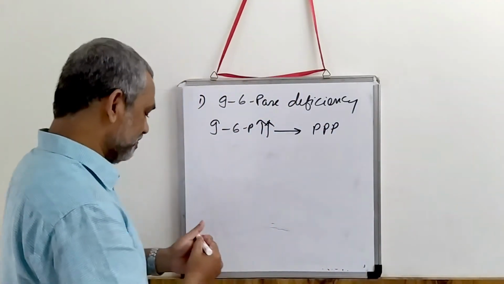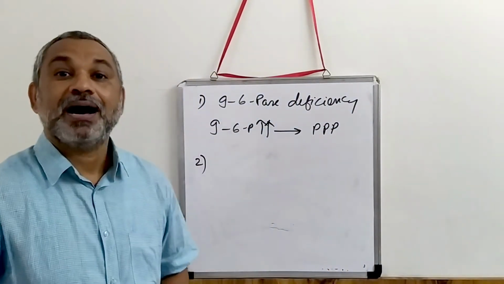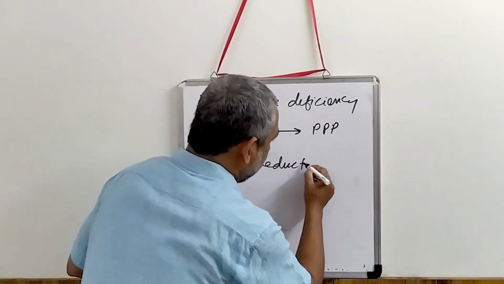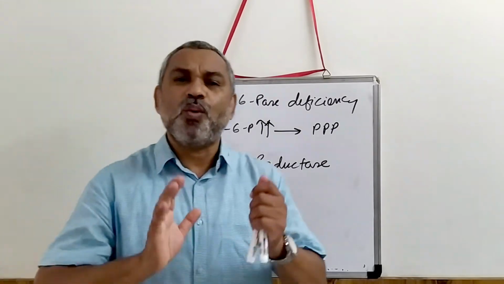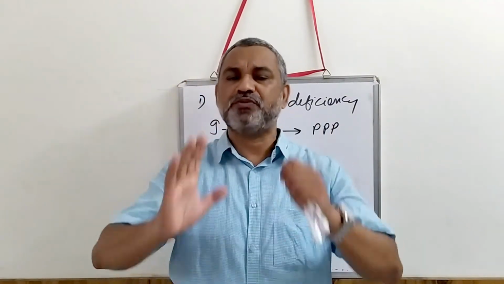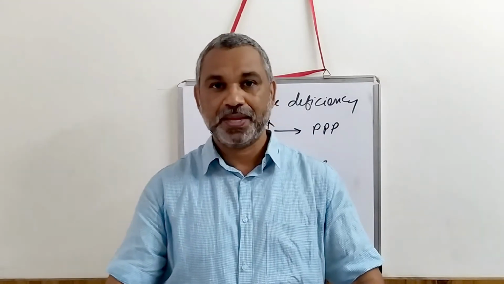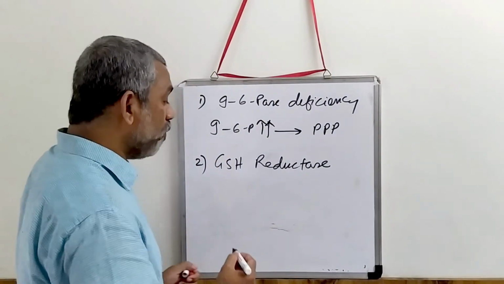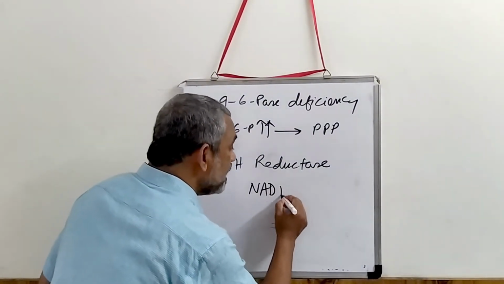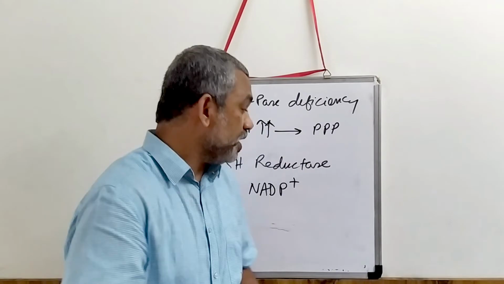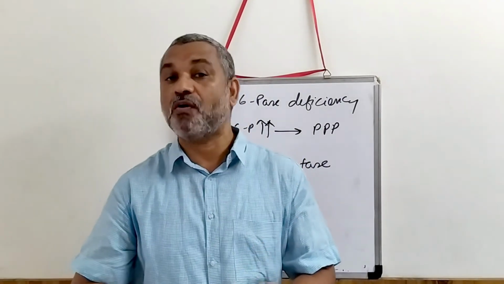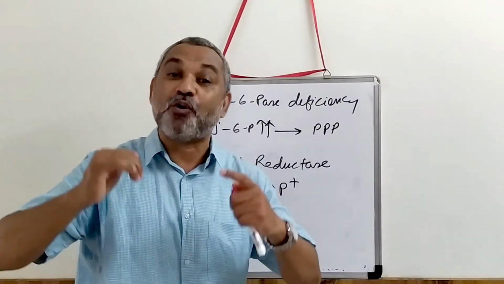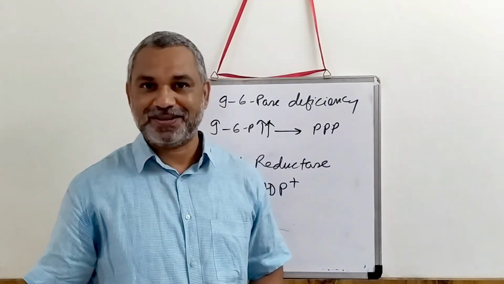And the second mechanism involves an enzyme known as glutathione reductase. What is the issue with glutathione reductase? You know that this enzyme is responsible for production of NADP+. If there is increased activity of glutathione reductase, this will increase the concentration of NADP+.